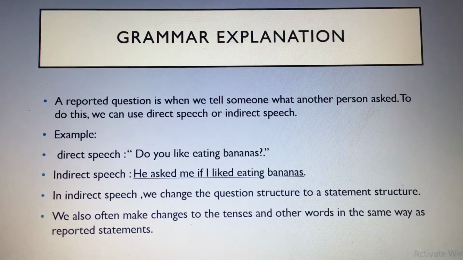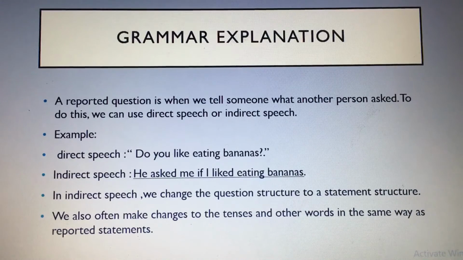Even the words: for example yesterday becomes the day before, we change now to then, and we change today to that day. These are some examples. We do the same in reported questions.